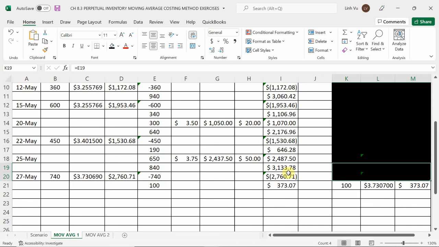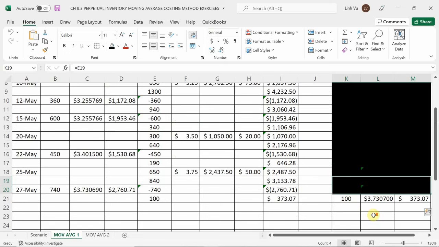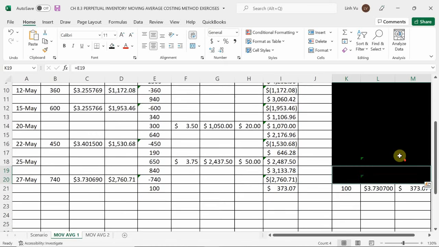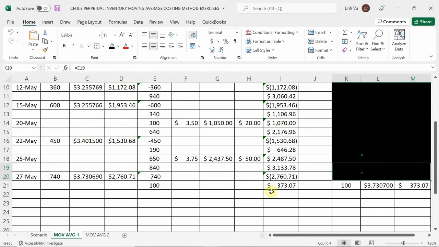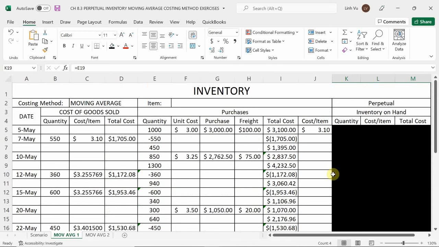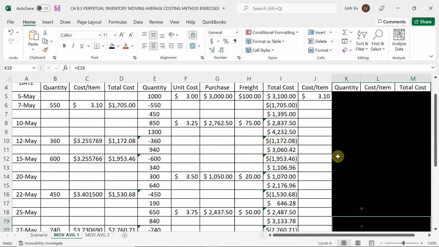And that's essentially what we're doing here. This whole thing right here is a track record of what we did and how we got there. Now, I'm going to show you the same thing with beginning inventory. And this time, we don't even need to use this middle section right here.